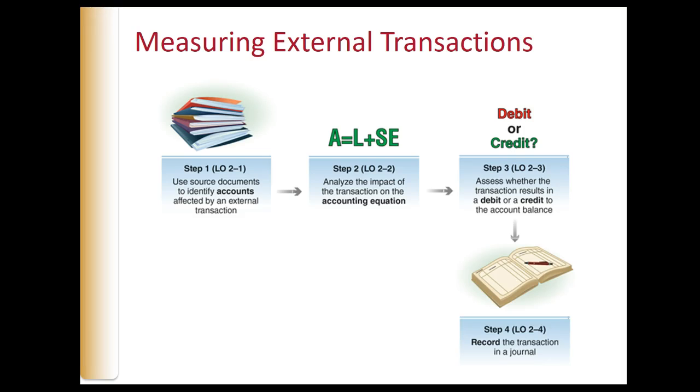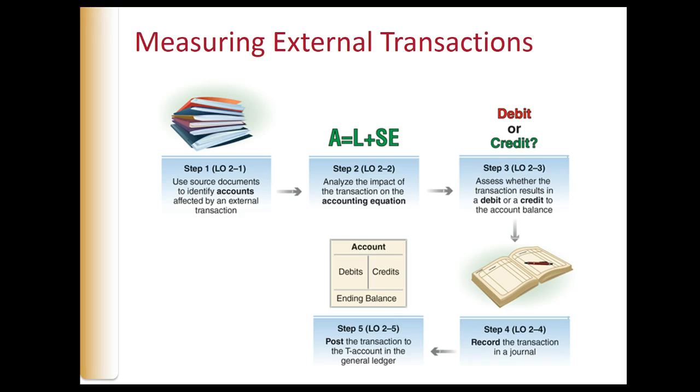Next, we record the transaction in a journal with debits left and credits right. Next, we post, which is the process of taking these debit and credit information from transactions and recording them into a general ledger.